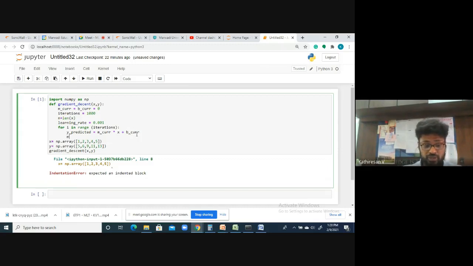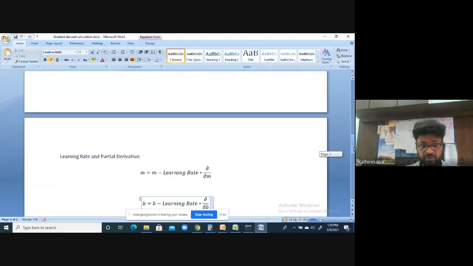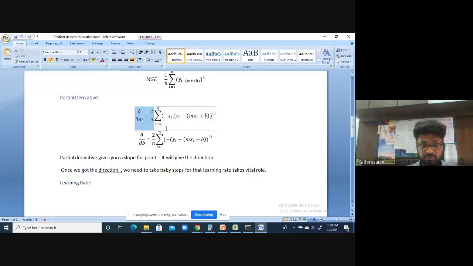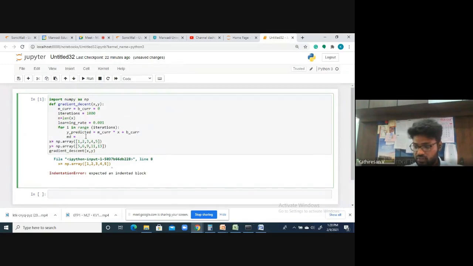Before that we have to find md, the partial derivative with respect to m, and the partial derivative with respect to b. This formula only we are going to implement here. md equals minus 2 by n into sum of x into y minus y predicted.